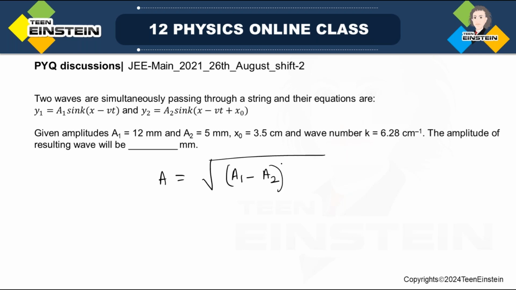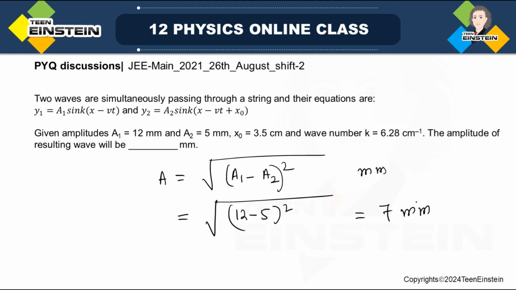Okay, a1 minus a2 whole square. So this will be in millimeter, obviously. So this is 12 minus 5 whole square, right? That means this will be 7 millimeter.